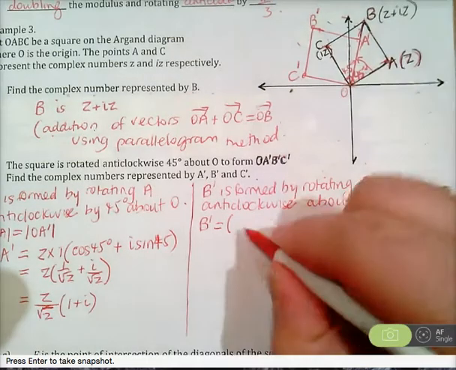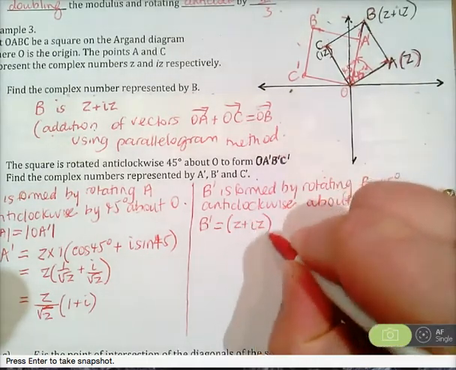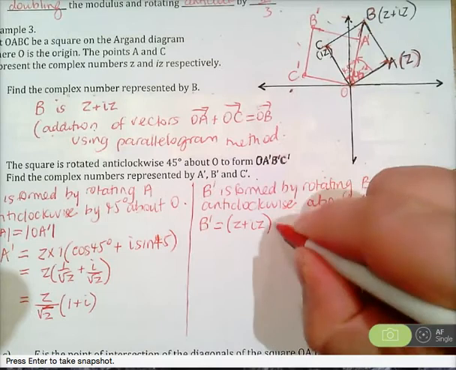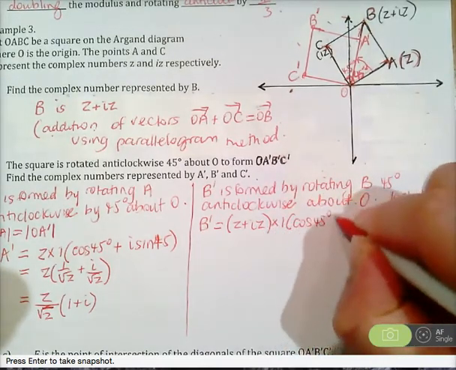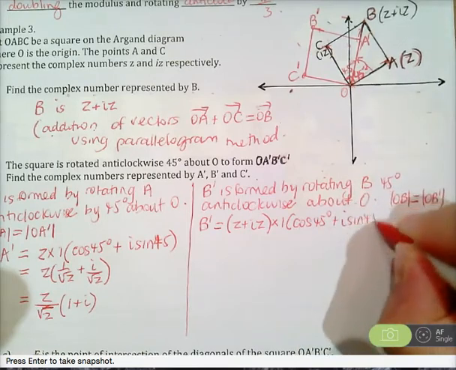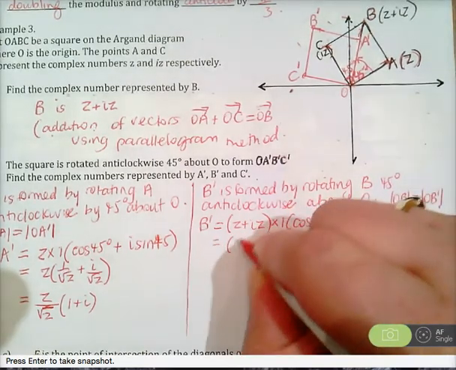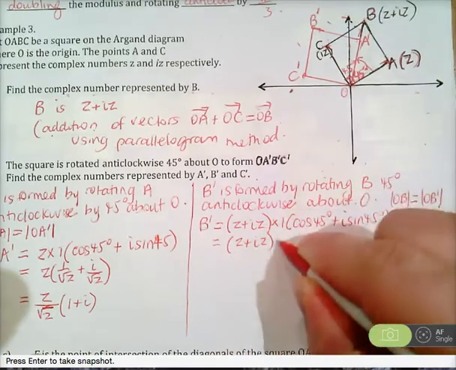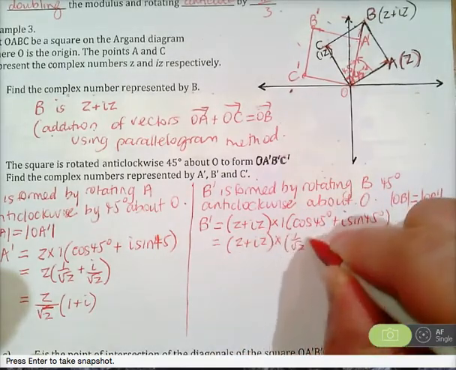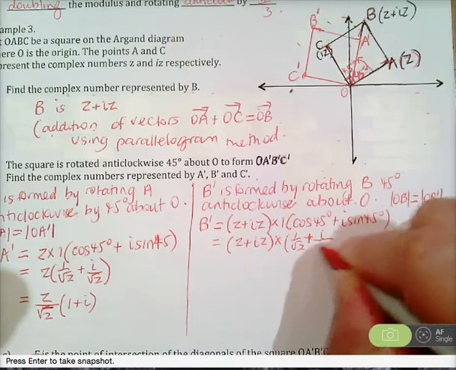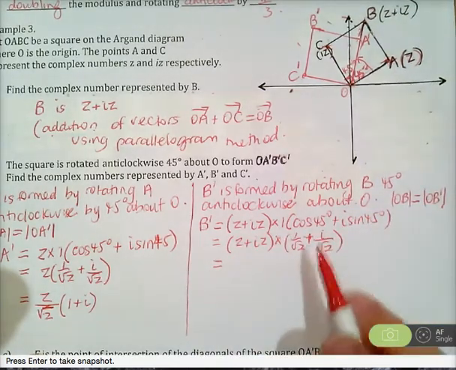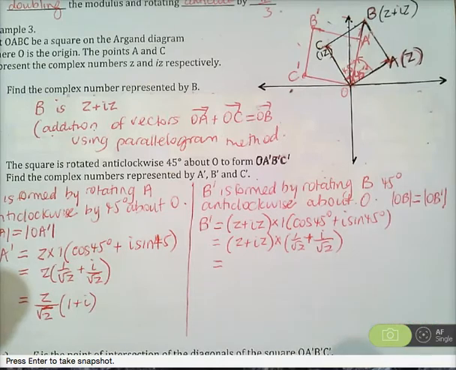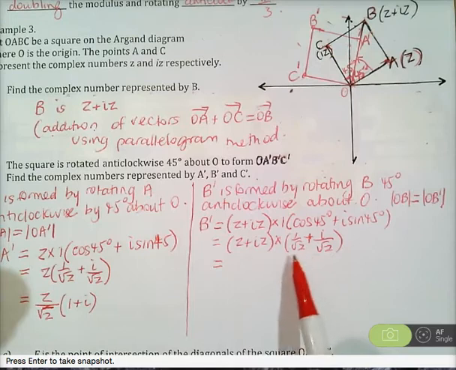So B' will be Z plus iZ times 1 cis 45 degrees, which is 1 cos 45 degrees plus i sin 45 degrees, which is Z plus iZ times 1 on root 2 plus i on root 2. Now if we expand that, I'll just take the 1 on root 2.